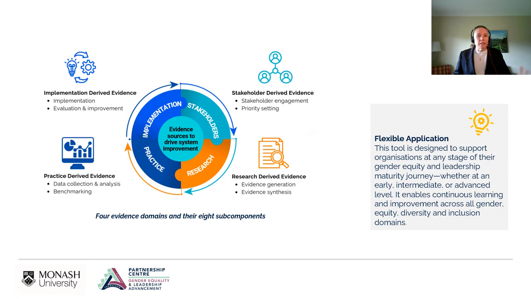So we have stakeholder derived evidence, and the subcomponents there are around stakeholder engagement and priority setting, and then we have evidence that's derived from research, followed by practice evidence, and then implementation. And this is an iterative cycle that continues on with learning and improvement.